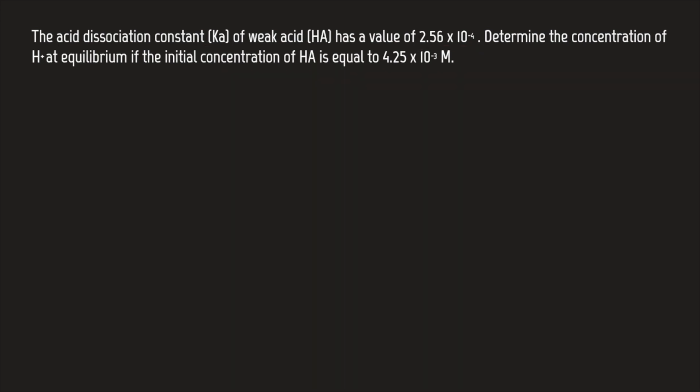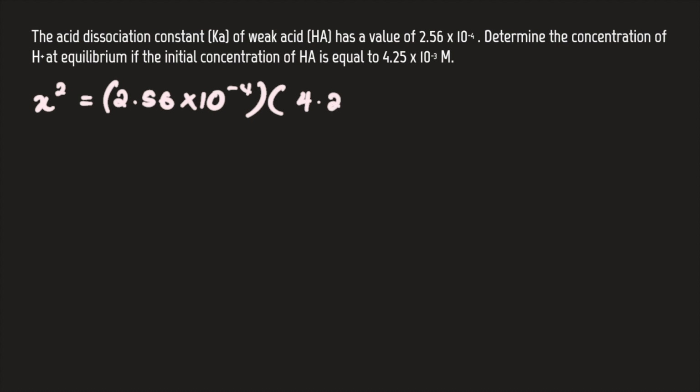Alright, so since we have already removed that x, it's easier for us to calculate the value of x. So x squared is equivalent to 2.56 times 10 to the power of negative 4 times 4.25 times 10 to the power of negative 3. Right.